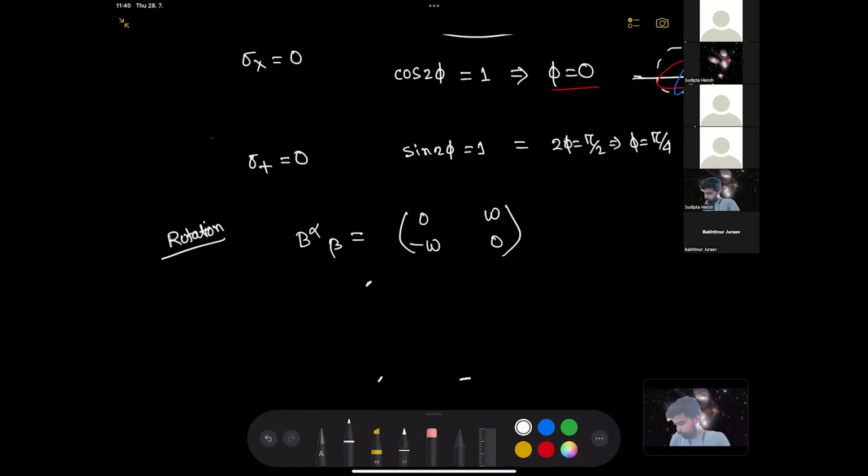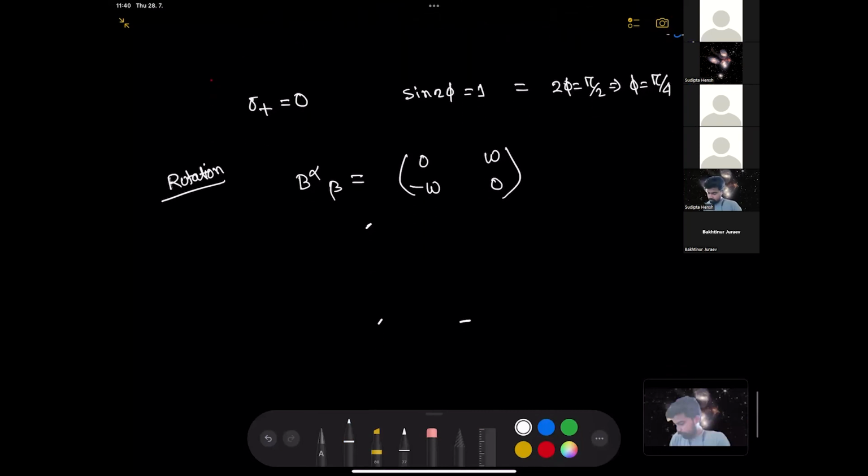So you see that this is an antisymmetric metric. And if we use this B metric, then basically we will have the change in psi as R0 omega delta t times sine phi minus cos phi.